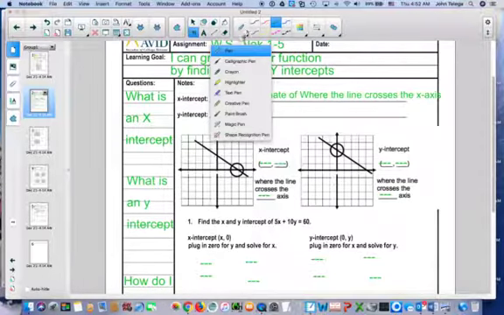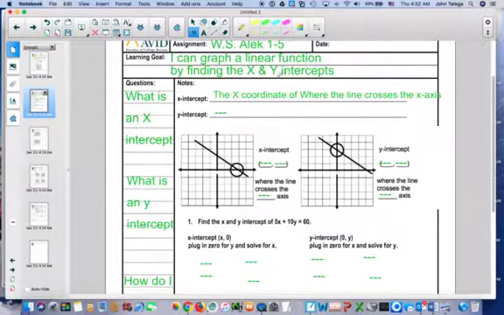So we're looking for where the line crosses the x-axis. That little purple dot is where those two cross, okay?